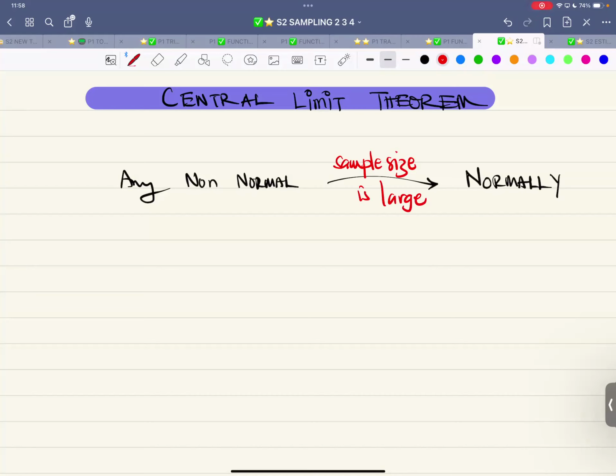The definition of large is if n is greater than or equal to 30. If the sample size is at least 30, then CLT applies. And it will become a normal distribution scenario, and you will apply all the principles related to normal distribution.